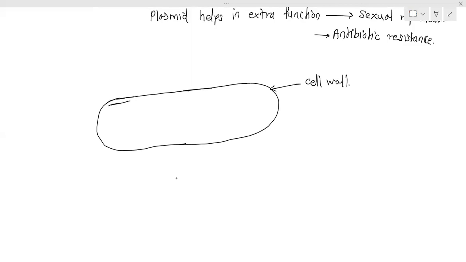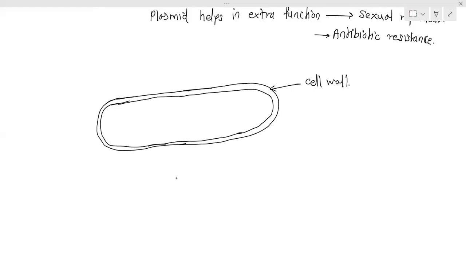Remember, yesterday we compared bacteria to a house with only one room. It does all the functions. It is the kitchen, where they cook food, and the bedroom, where they study. Everything is going on in a single room.